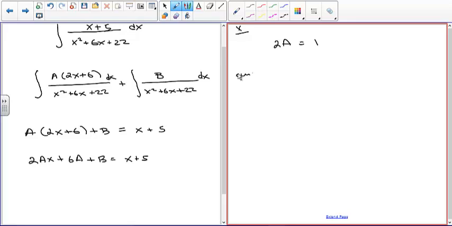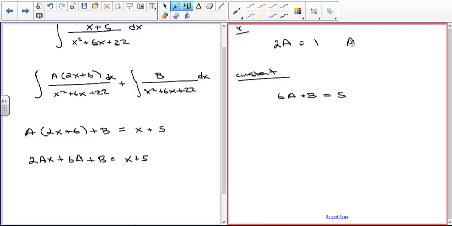Then you take the constant parts. On the left-hand side, the constants are 6a plus b, and on the right-hand side, it's 5. So you can see I have two equations and two unknowns from this one equation involving x's and constants.